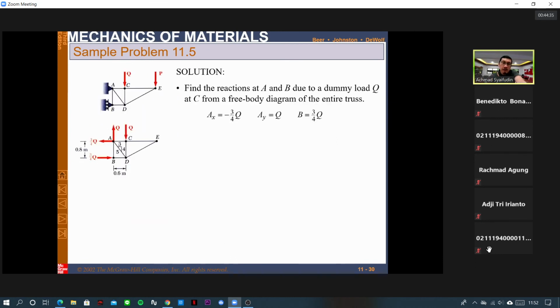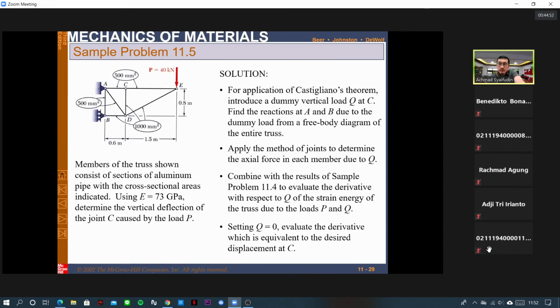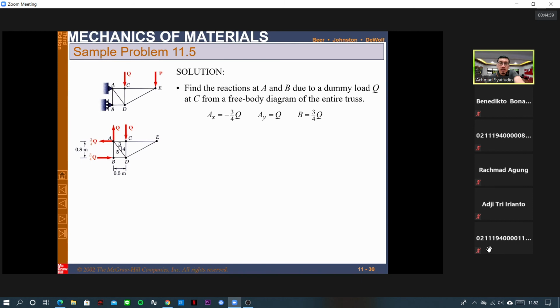So if we want to analyze the deflection at point C, we need to put virtual loads, or zero loads, namely Q load.